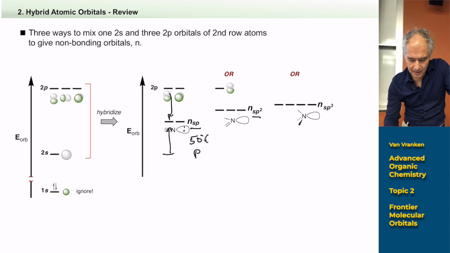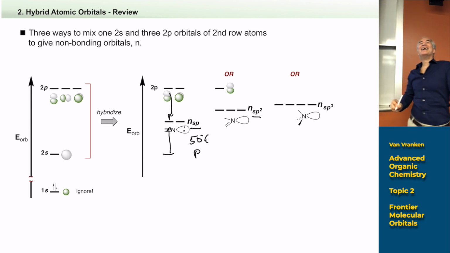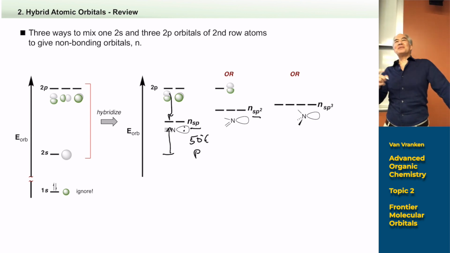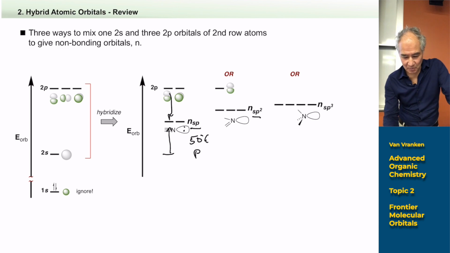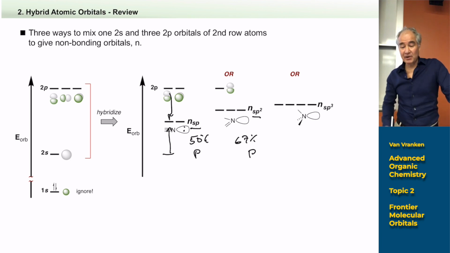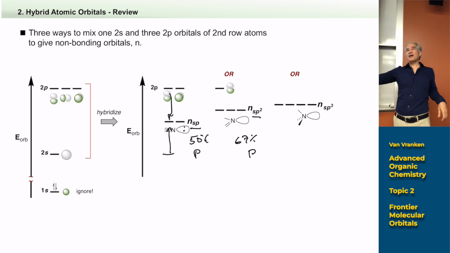Would it be 75? No. 67% p, right? It's 2 parts p and 1 part s, so that's 2 out of 3. So that's 66.7% p.